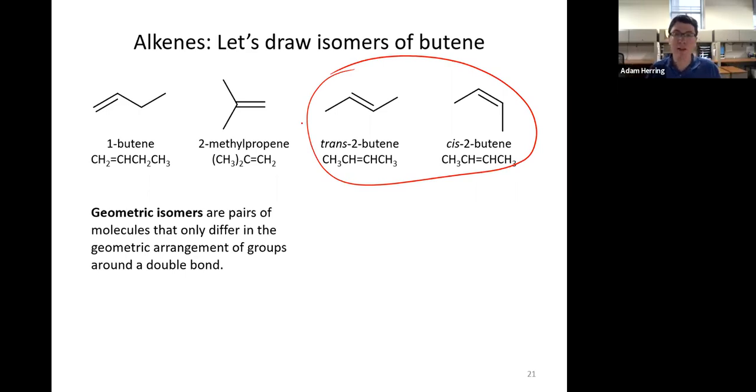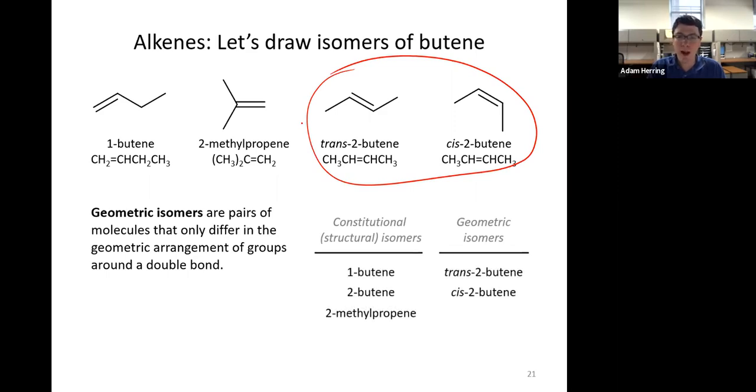The easiest way to see this is to look at these molecules in 3D, and I'll show you that in a little bit. So when we look at these, we have a set of structural isomers, which is 1 butene, 2 methylpropene, and then the 2 butene in general. But then within 2 butene, we have our geometric isomers.